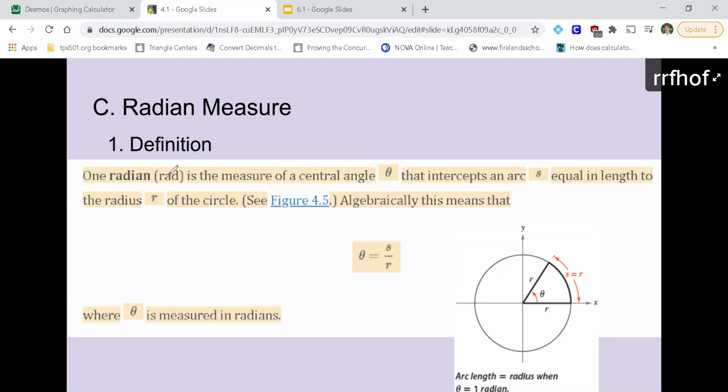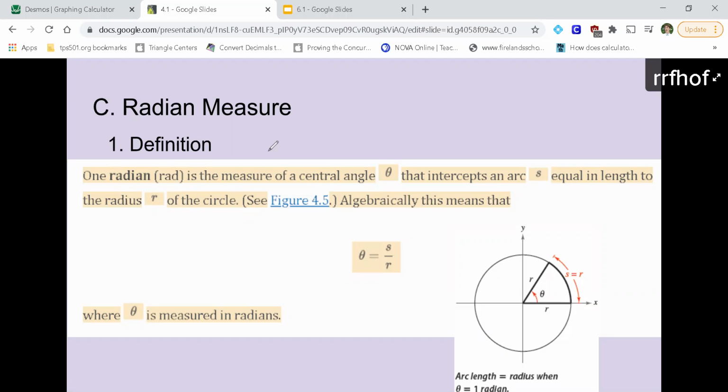But a radian is just a different way of measuring angles. It's a different unit. You know how when you measure temperature, you could do it in Fahrenheit or Celsius? When you measure the length of something, you could do it in feet or meters or centimeters or yards, whatever. When you measure angles, there are two units of measure that we'll use, degrees and radians.